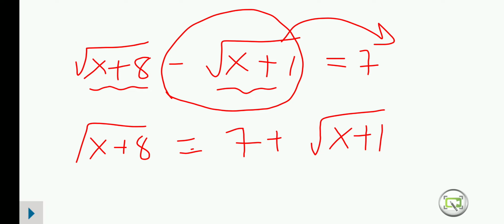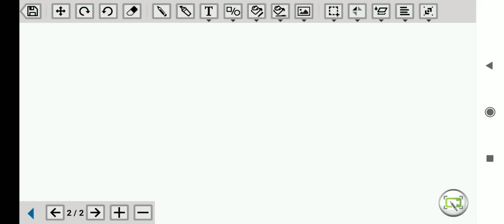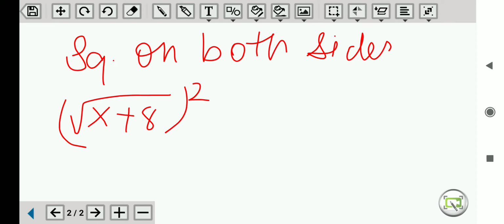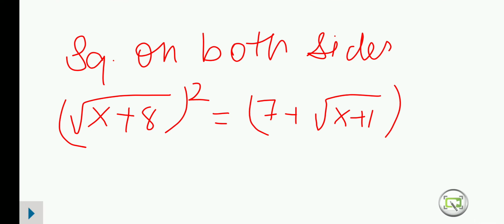Now square on both sides. The result will be root x plus 8 whole square is equals to 7 plus root x plus 1 whole square.